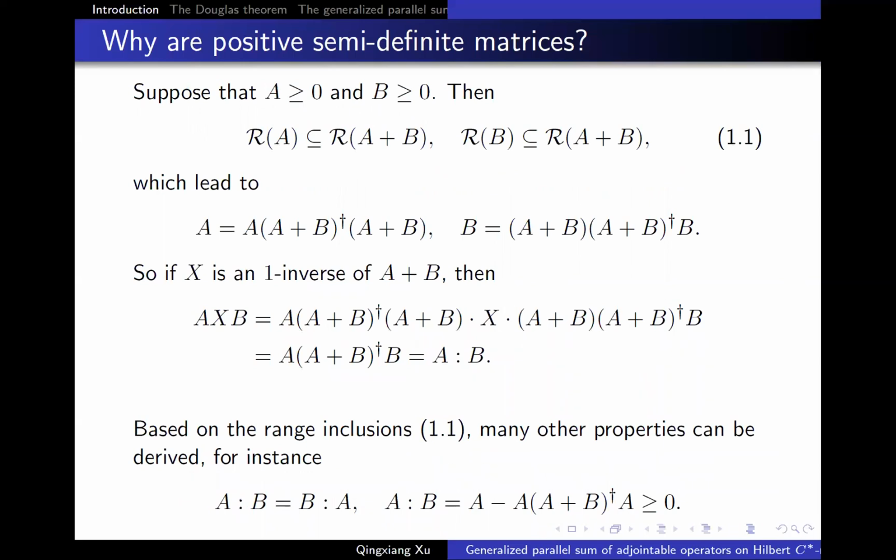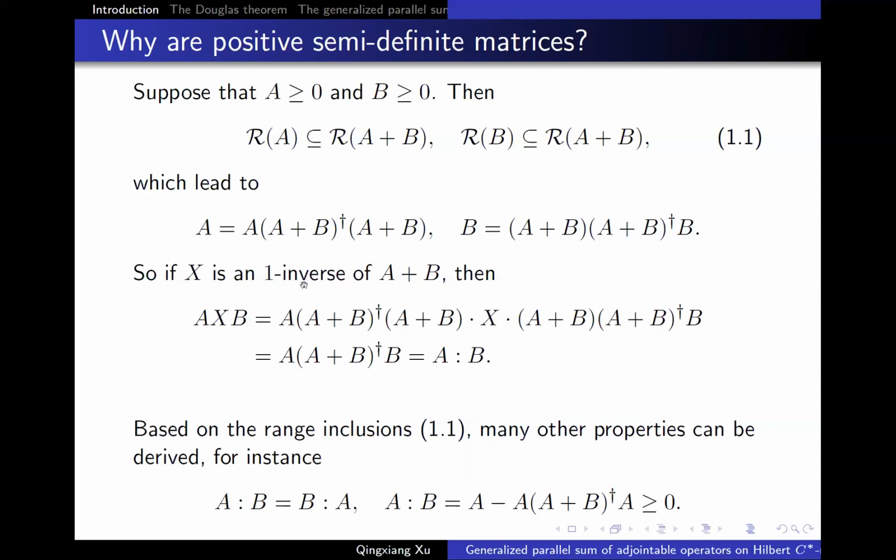Now you may wonder why we just consider positive matrices. The reason is, suppose A and B both are positive, we have these two important range equations. Based on these two range equations, we can get other expressions of A and B respectively as these.